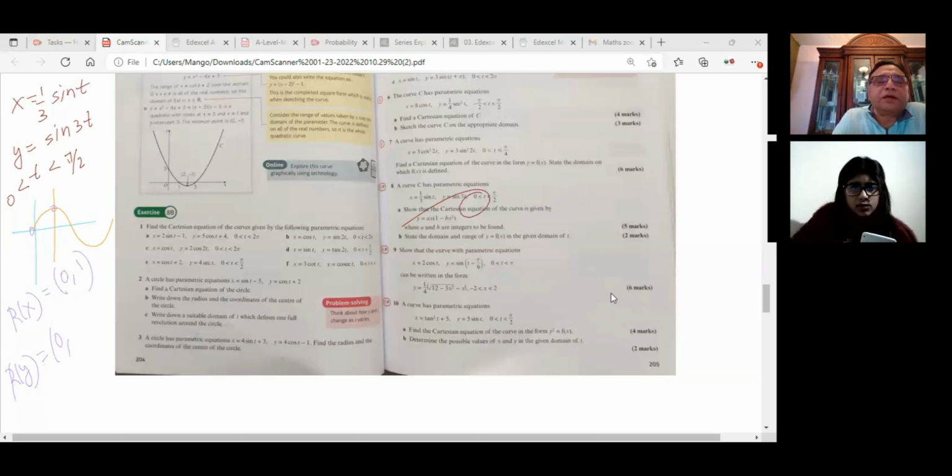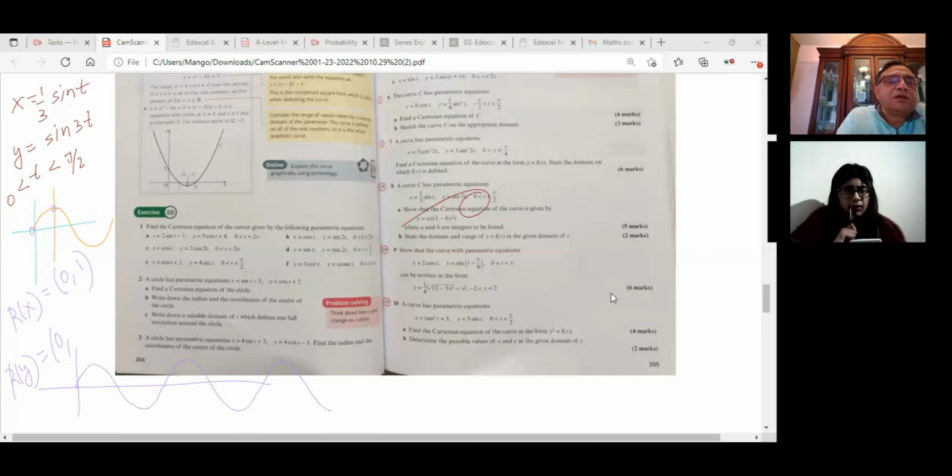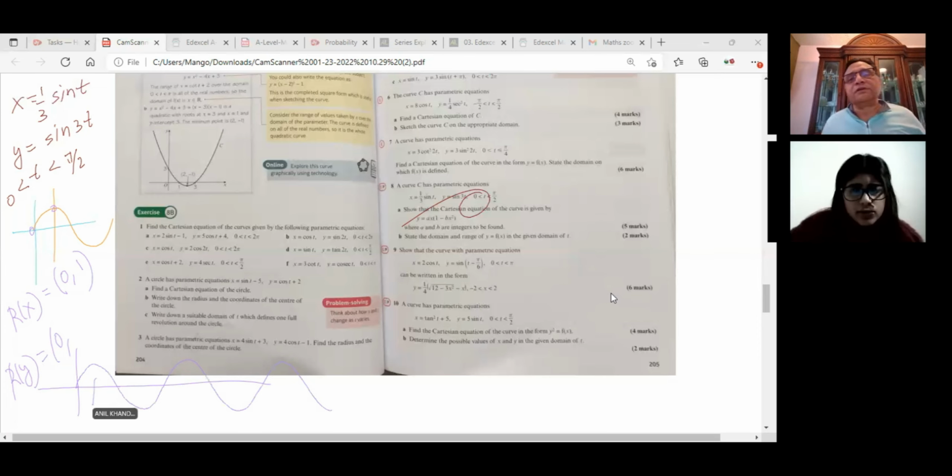When you are looking at sine 3t, within 2 pi your function will have 3 revolutions. You understand? So sine 3t means there are 3 waves in 2 pi.